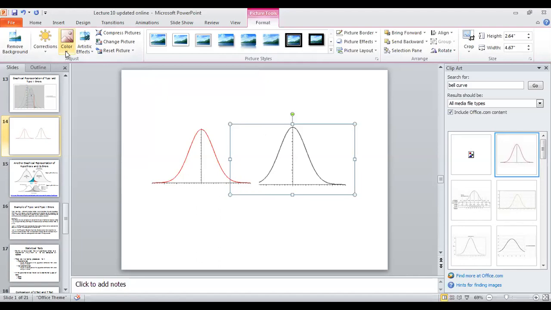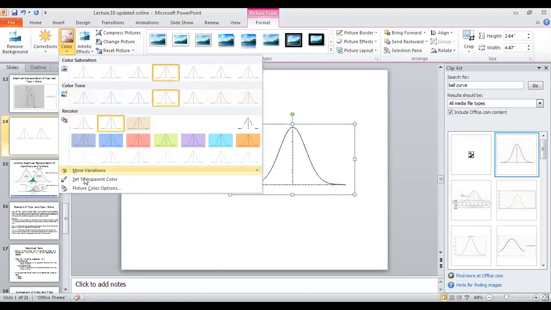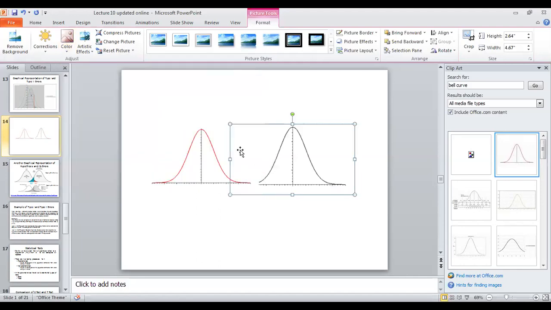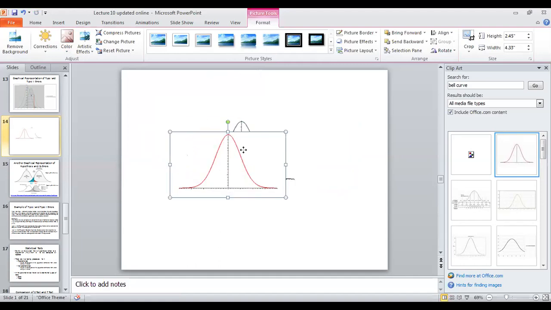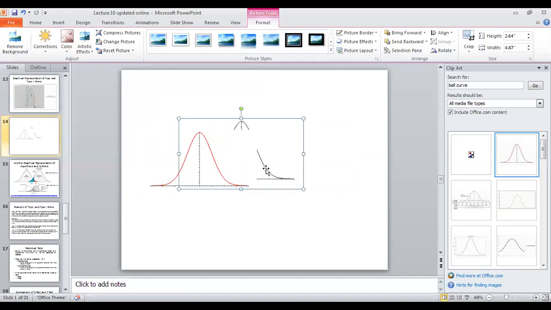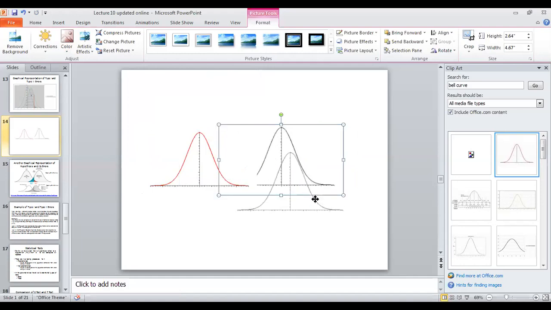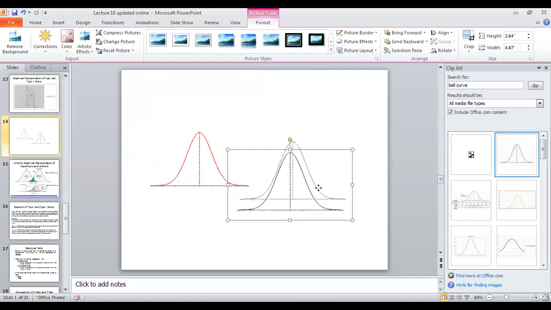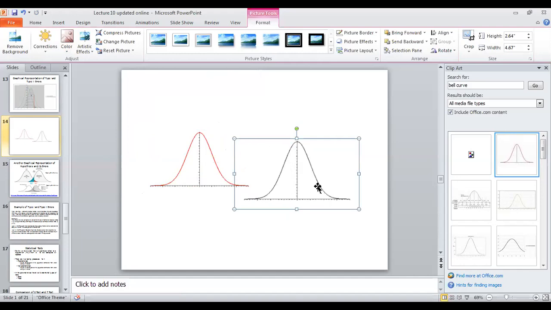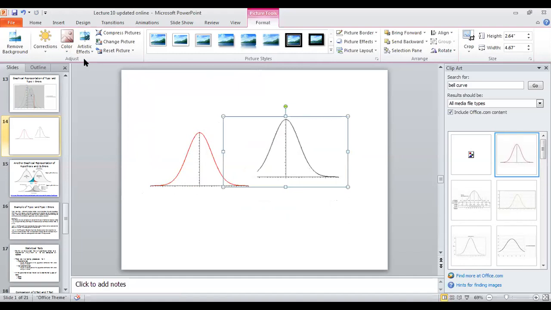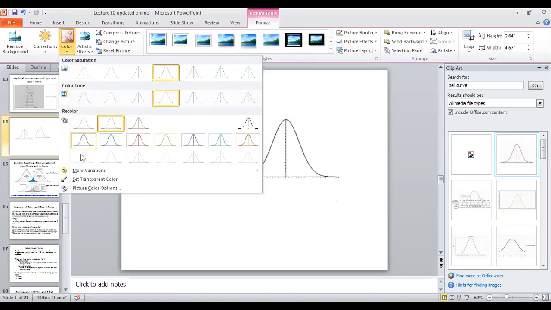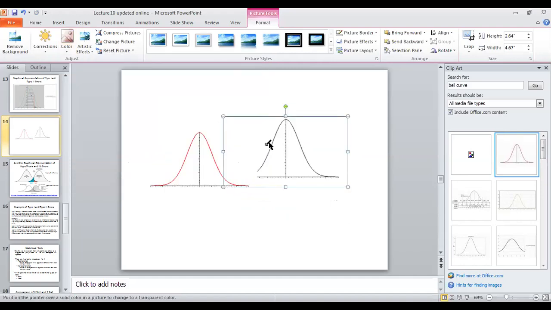And also let's make it transparent so that we can basically slide it on the other one. Yes, this is much better. So let's make this one transparent, so this can be moved quite easily. At this moment it is not transparent, so set transparent color.